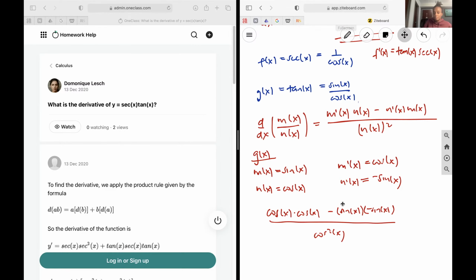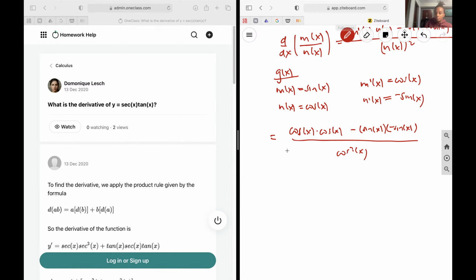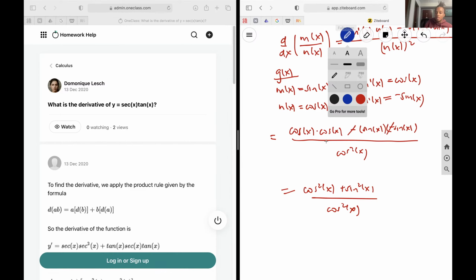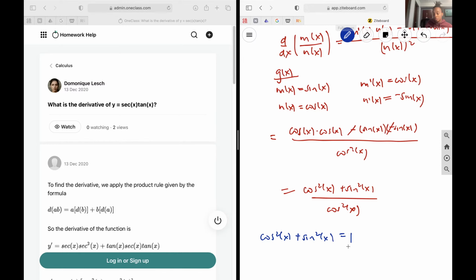This will give me, these two negatives will cancel to yield a positive. So cos squared x plus sine squared x all over cos squared x. We need to note the identity that cos squared x plus sine squared x. Let's just write that out. Cos squared x plus sine squared x is equal to 1.